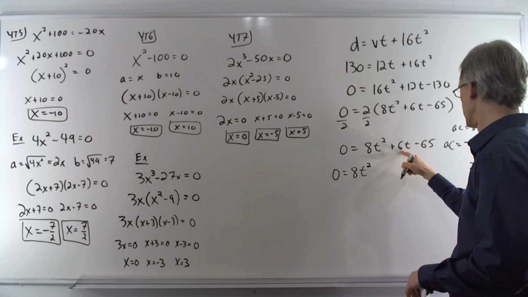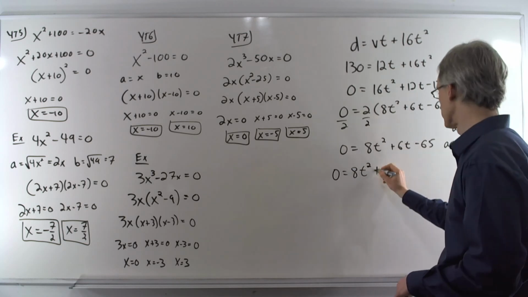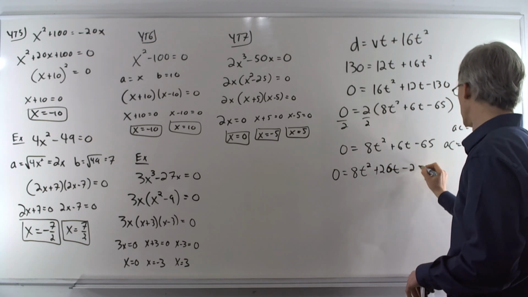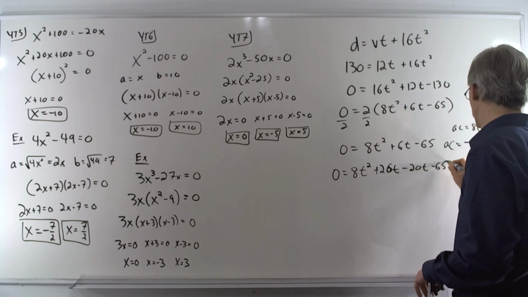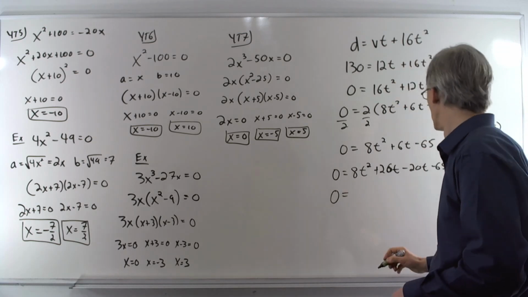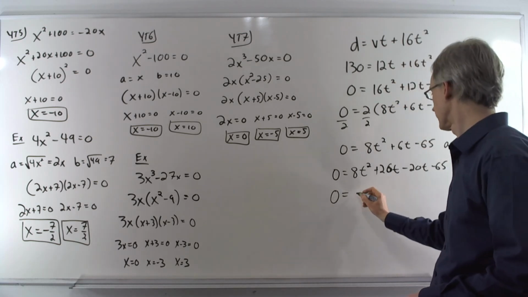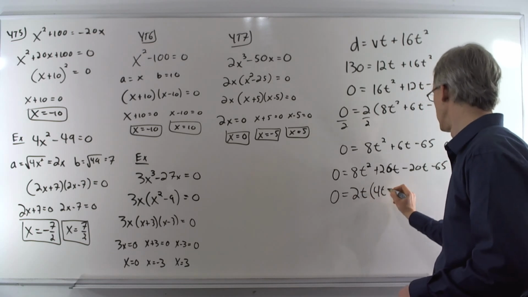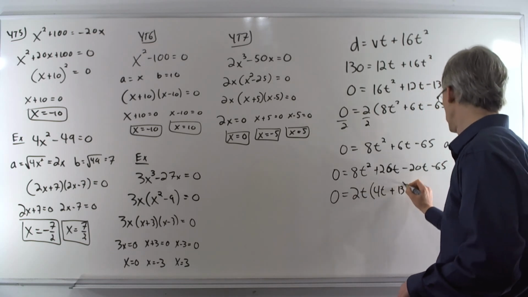All right, I'm going to replace 6t with these 2, so plus 26t, minus 20t, minus 65. And now we can factor by grouping. So out of 8 and 26, we can factor out 2t. That gives us 4t plus 13.